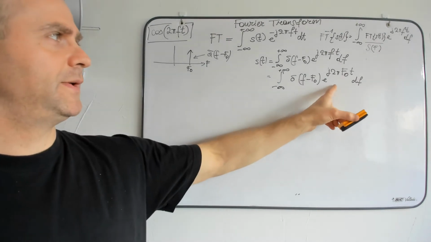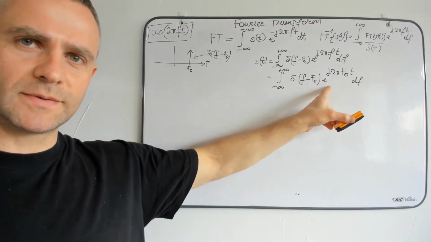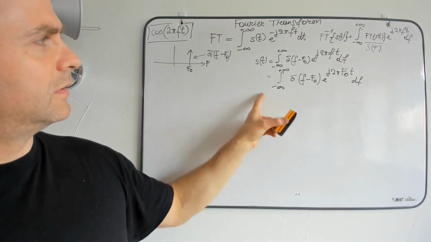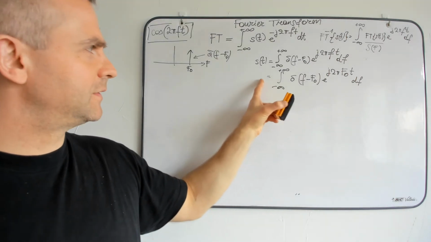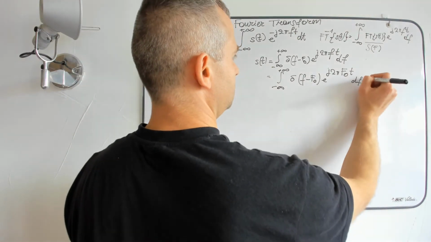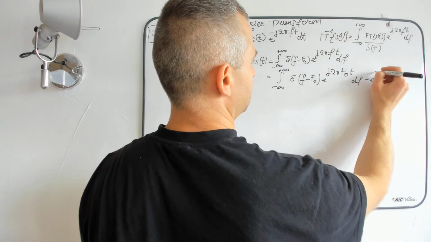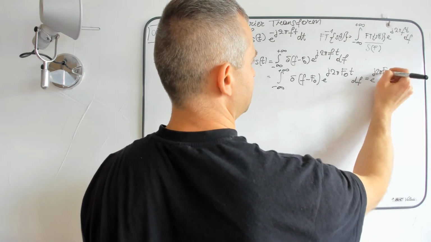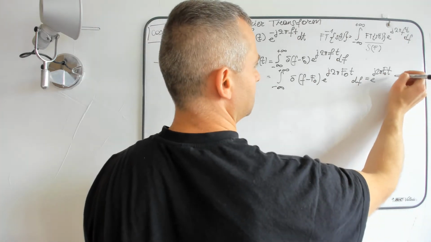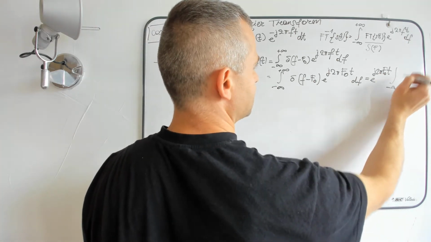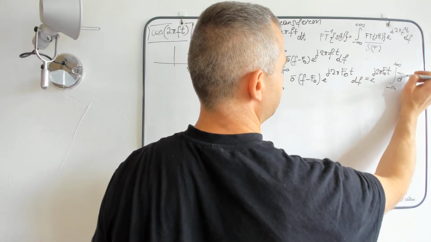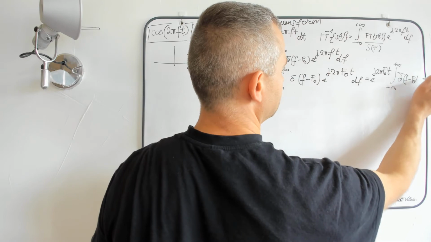But this value is a constant, so it goes in front of the integral, and I can write here exponential j 2 pi f0 t, times the integral from minus infinity to plus infinity of delta f minus f0 df.